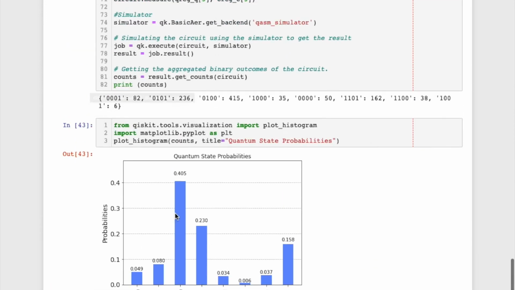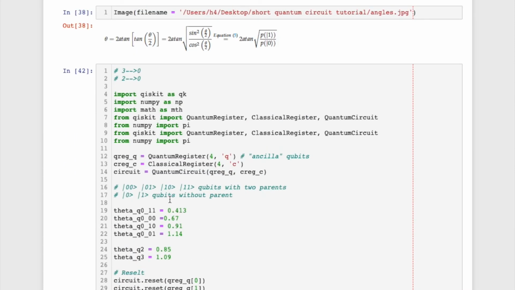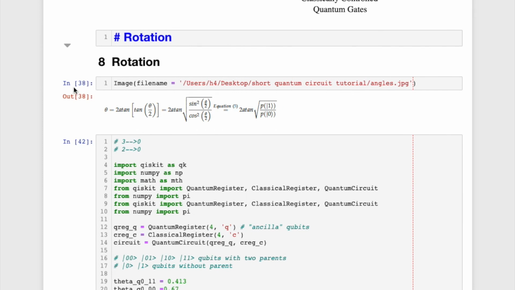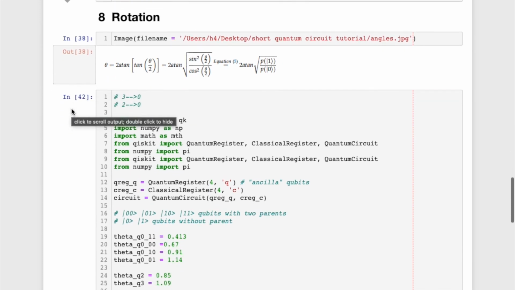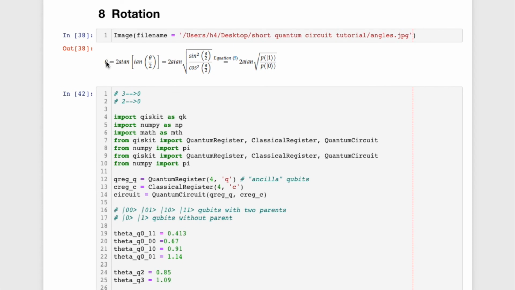And once you have your probabilities, your P1 and P0, you just go to this formula on line 38 and calculate your theta, your angles.